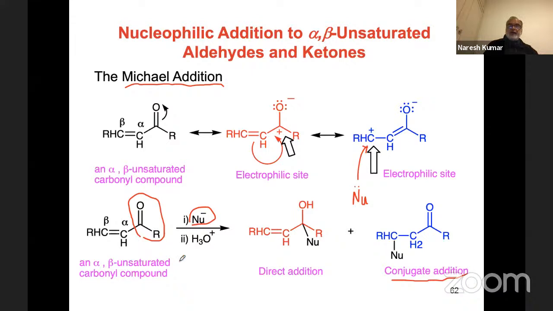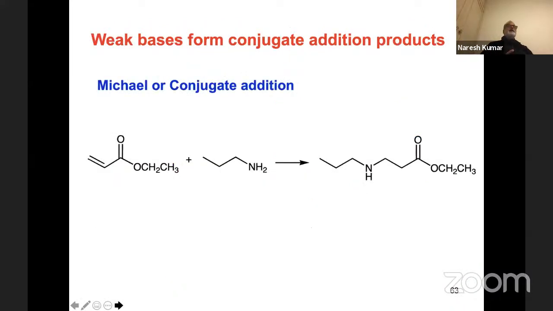But if the nucleophile is less reactive, less basic, then it will do the Michael addition reaction. Say, for example, if this nucleophile is an amine or a thiol, it will do a Michael addition reaction or a conjugate addition reaction. If this is a Grignard reagent, which is very, very reactive, it will react directly with the carbonyl compound. We'll see the list of reagents which attack directly versus Michael addition in a minute.